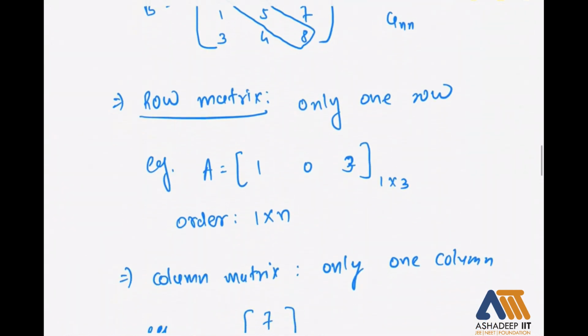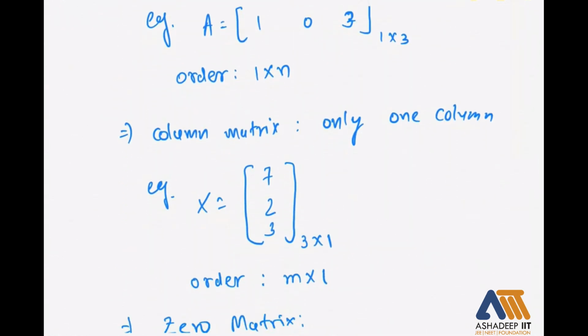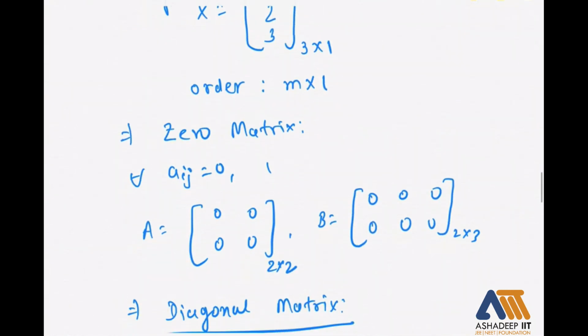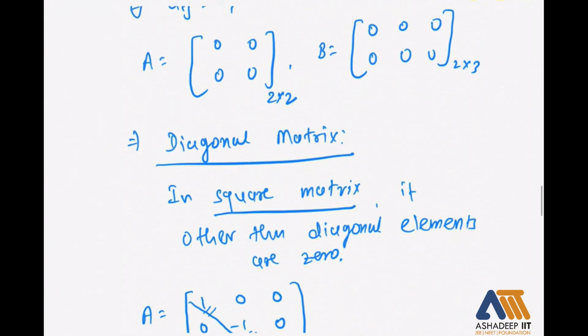Next is the row matrix. If in any matrix there is only one row, then that matrix is said to be a row matrix. Column matrix: in any matrix if there is only one column, then that matrix is said to be a column matrix. Zero matrix: if all the elements are zero in any matrix, then that matrix is said to be a zero matrix.